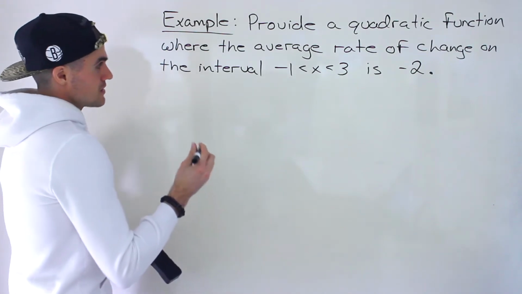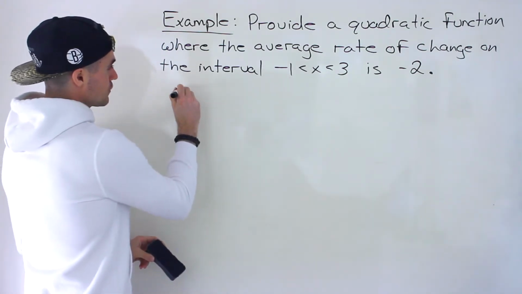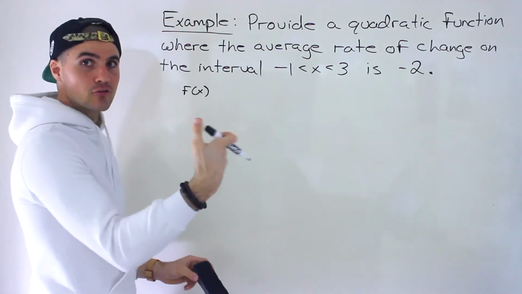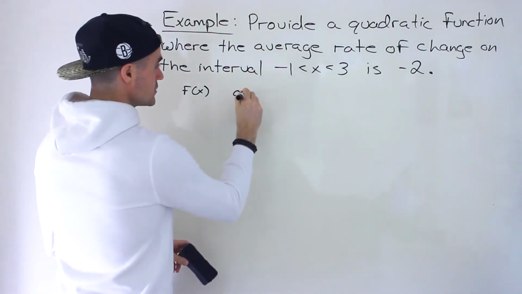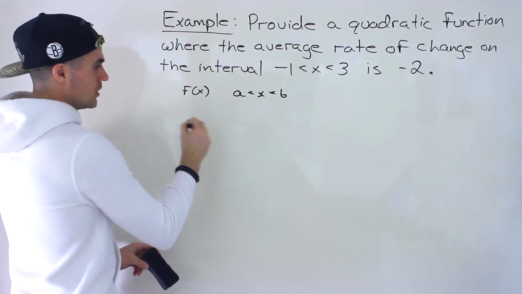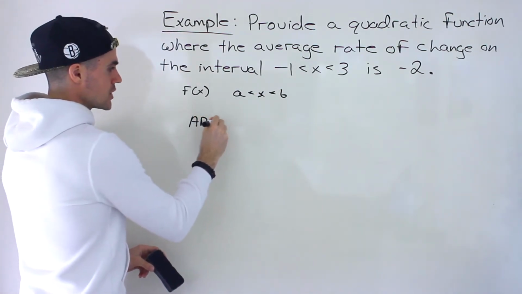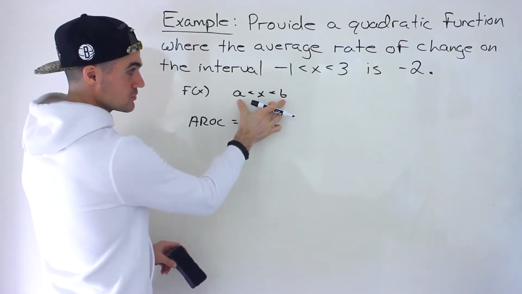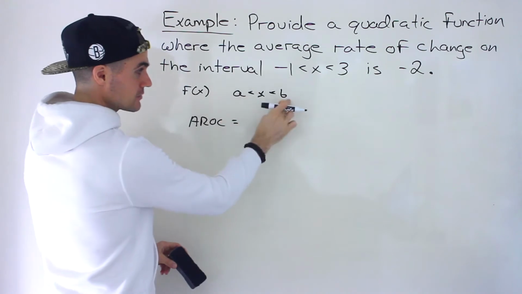So to start this off, just as a quick review, if we have a function f of x, and we're trying to find the average rate of change where x is between a and b, what's the formula for the average rate of change? Well, it's basically going to be the difference between the y values on this function at those x values.